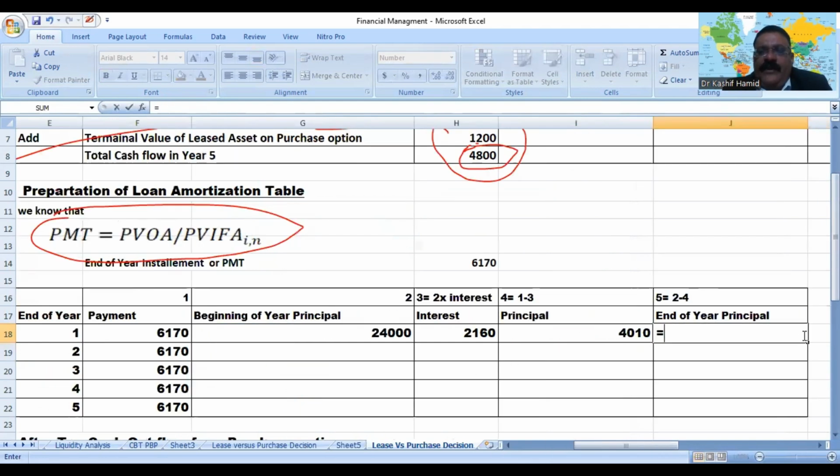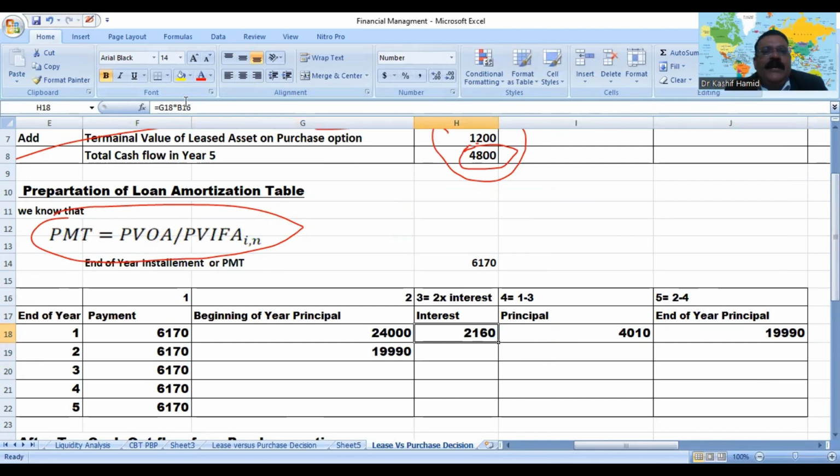The end of year principal is equal to beginning year principal minus the principal in the fourth column. So we will report this value as end of year installment. Then again, we will use this computation.